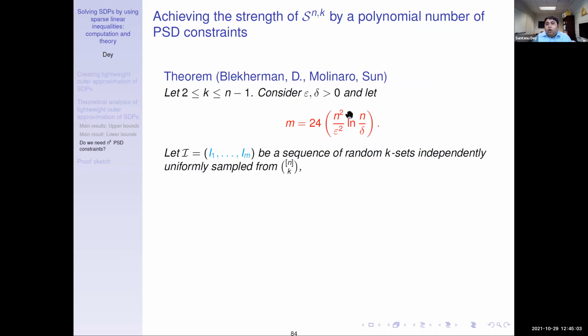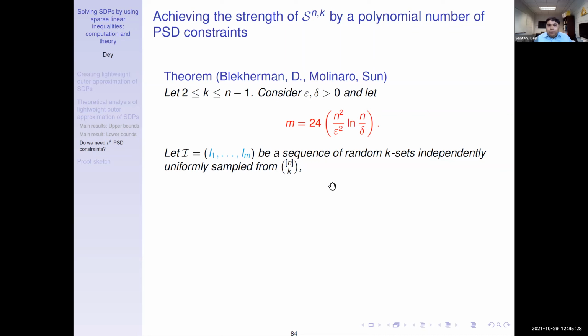So this is nowhere close to n choose k. Let's say if your k was 0.25 n, n choose k is a much larger number. And here's what you do: pick m rows and columns, uniformly sampled from all these possible principal sub-matrices. So you have these many different principal sub-matrices.